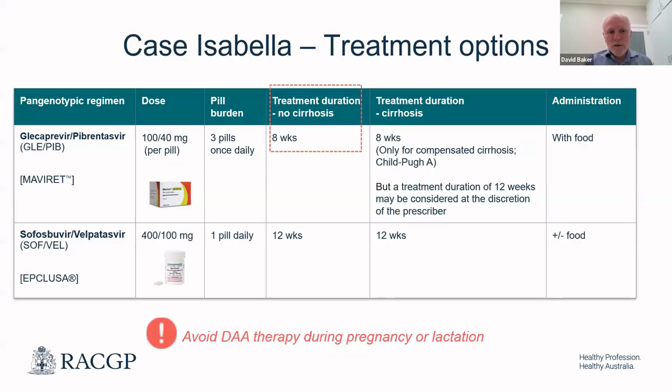And speaking with the patient, you could ask them what their preference would be, an 8-week course or 12-week course, outlining the differences. And of course, from a prescriber point of view, they're very similar, and they'll both be very suitable for Isabella. So next slide, please.